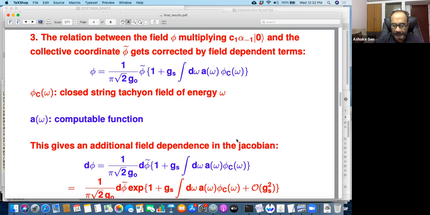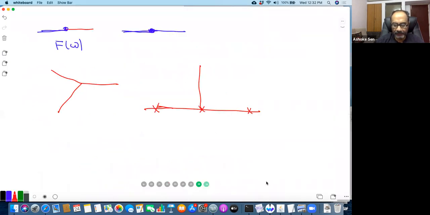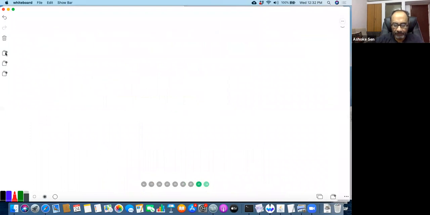And maybe I just show one reason why that correction comes, because it's important. So yesterday, remember, I drew this picture, and I said that we have an open string vertex operator inserted here, i root 2 del x.